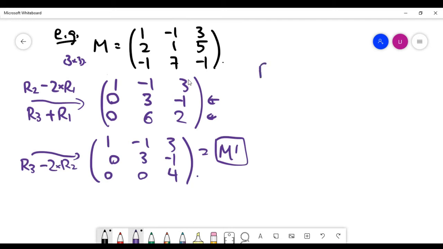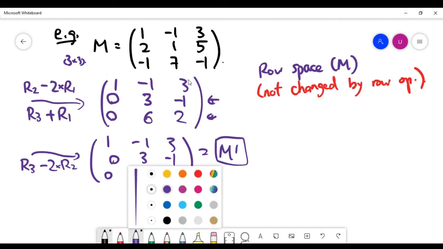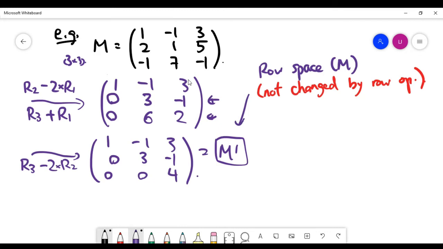And we can look at the row space. Please recall the fact that the row space is not the same as the column space. The row space is not changed by the row operations. It means that we can directly look at M prime to determine our row space. So basically, it is spanned by some row vectors, and you see, on all three rows we have non-zeros along the diagonal, right?